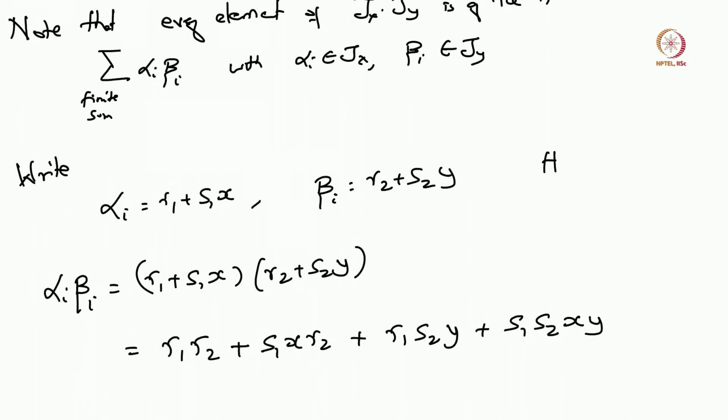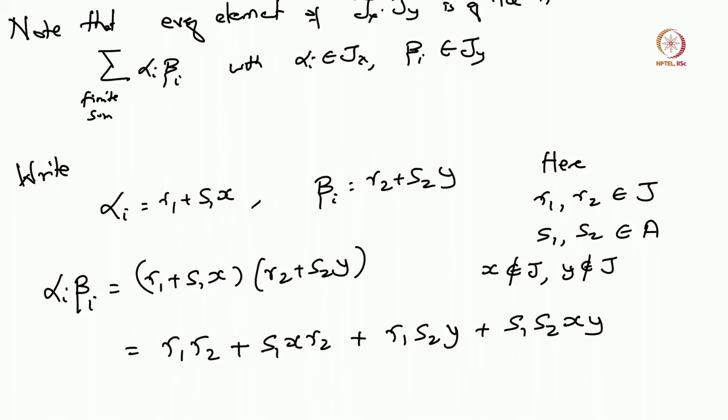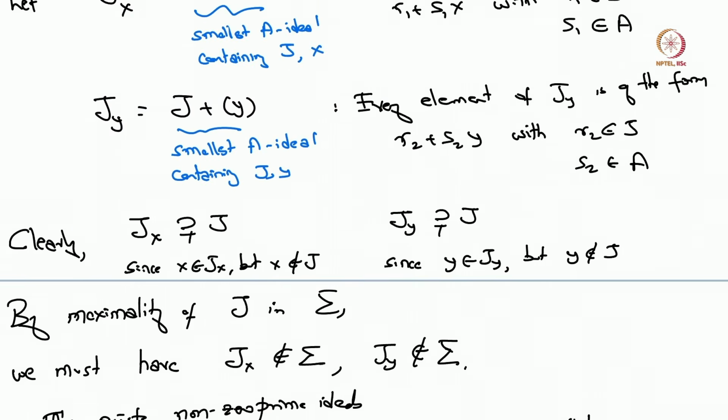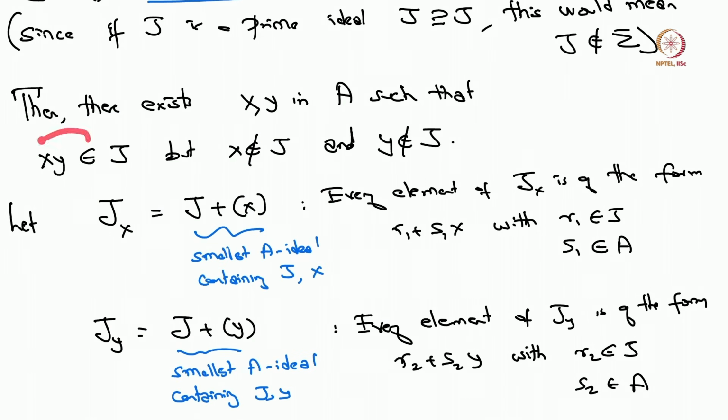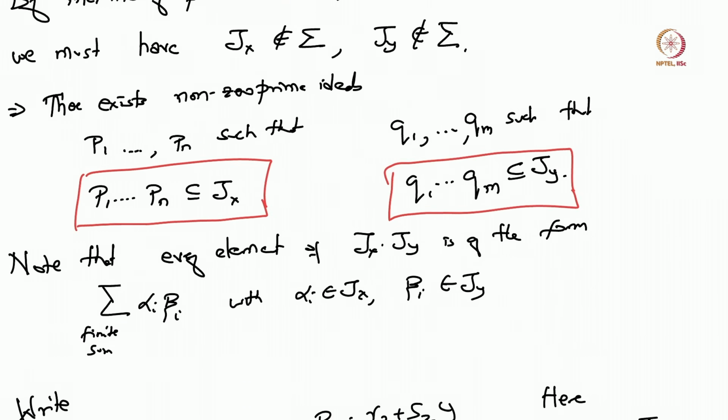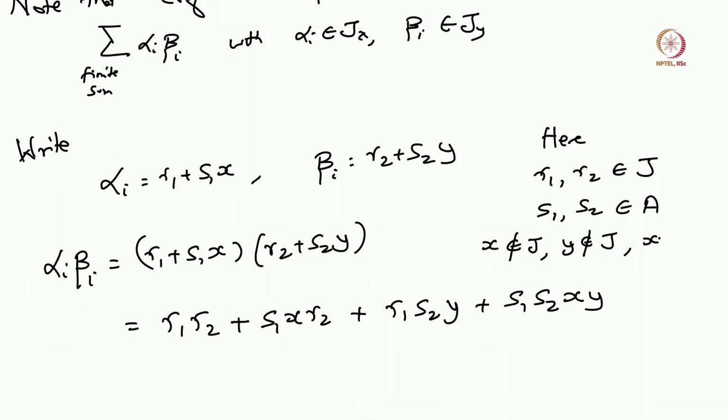Now again here R1 and R2 belong to J, and S1 and S2 belong to A, and we know that x does not belong to J, we know that y does not belong to J, but the product xy in fact belongs to J. So if you multiply out alpha I beta I, we get R1 times R2.